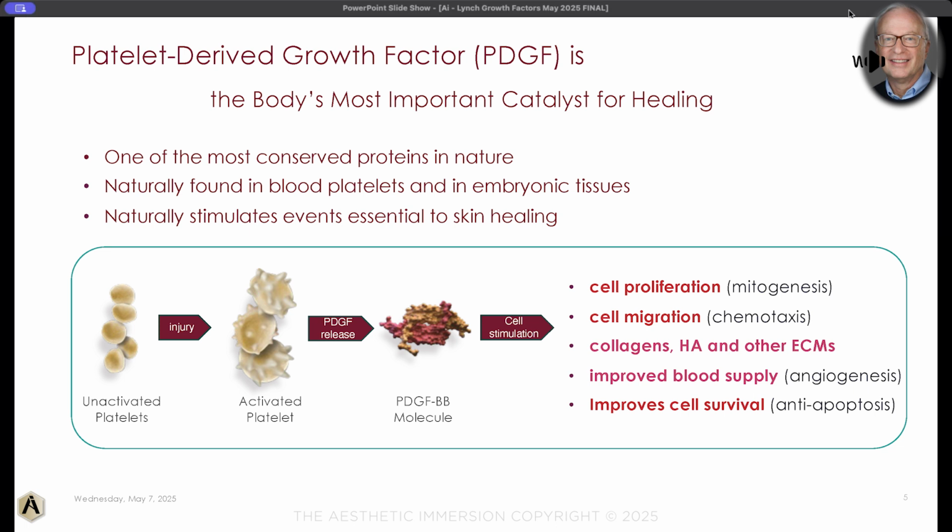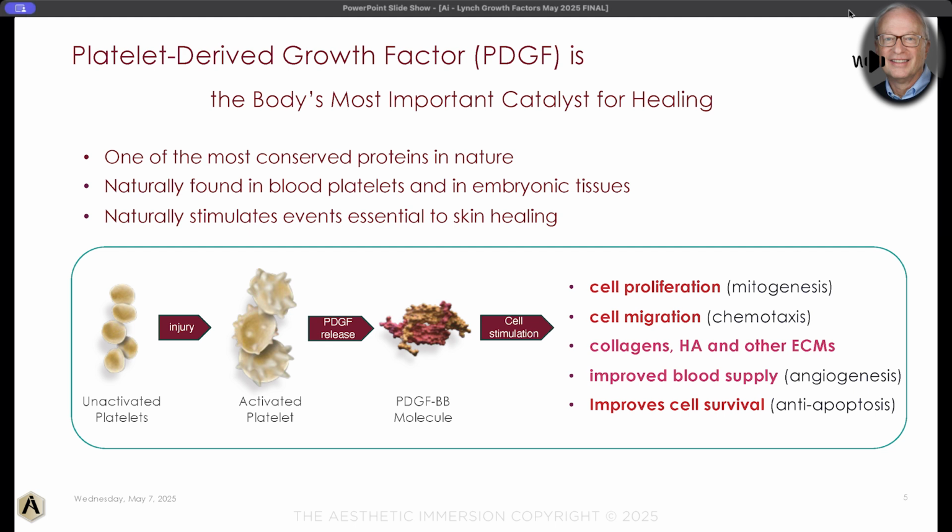It means that the PDGF that we have in our bodies is essentially the same as the PDGF in all mammals. Any mammal. So you can take PDGF from humans and put it on a wound in a mouse, and it'll stimulate healing. You can take mouse PDGF and put it on a human wound, and it will stimulate healing.